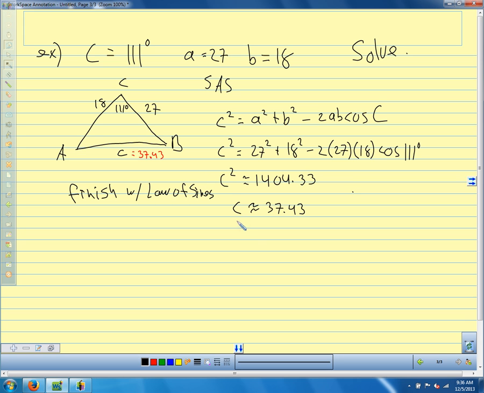Using the law of sines is going to be much easier than using the law of cosines. For example, the way I would set it up is the sine of 111 over 37.43 equals sine A over 27, and then I could solve for angle A. Once I had angle A, then I could find angle B, because all three of my angles have to add up to 180.